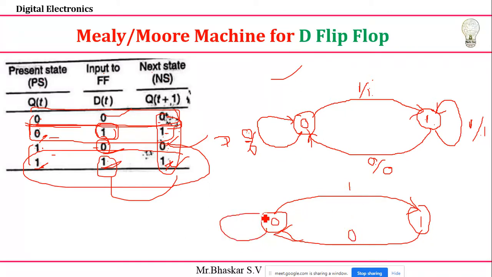And here when it is 0 it should stay here only, and when it is 1, it should stay here only. But outputs I'm not going to represent inside the arc, I'm going to represent inside the state. You can see that here I'll take 0 and here I'll take the value 1.